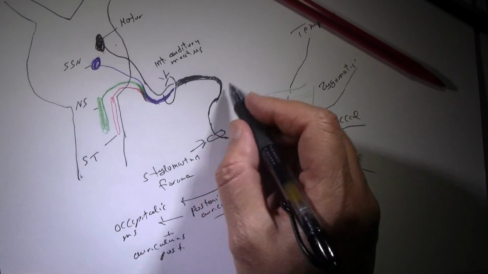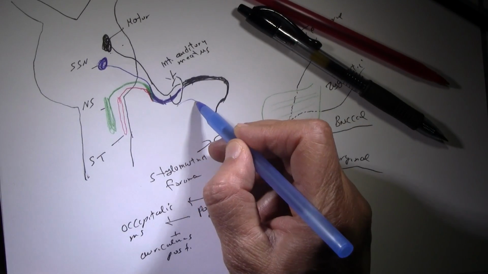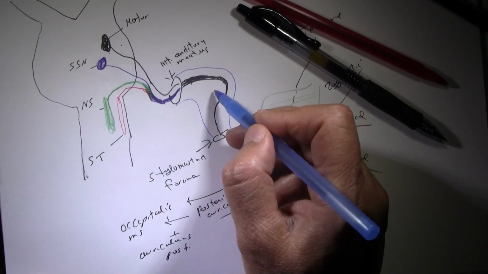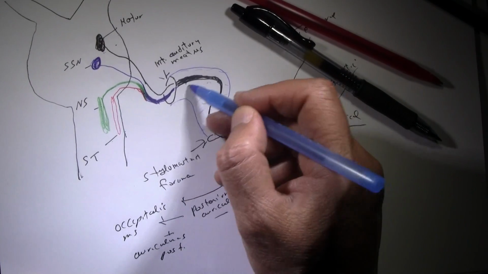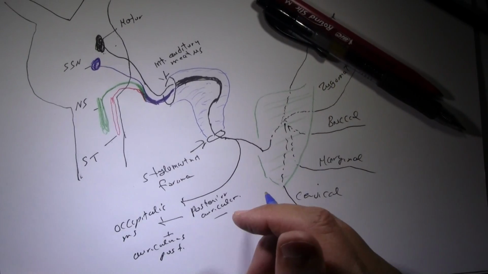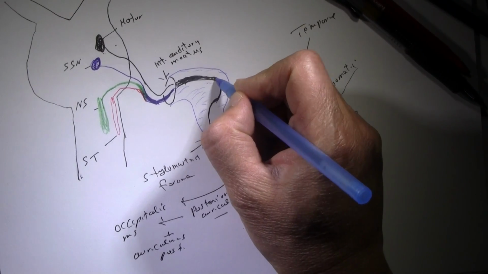But before coming out from the petrous bone, so this is the petrous bone, it has its own course inside here, and inside the petrous bone it is going to give 3 important branches. The first one, at the top here, there is a ganglion.